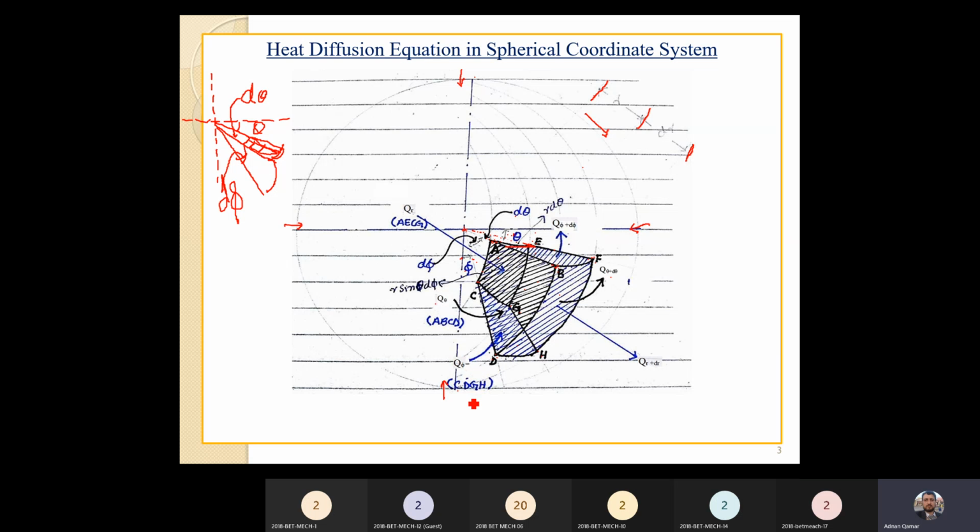Heat entering at area CDGH, and after passing this thickness d phi, heat is leaving from the upper side, that is Q phi plus d phi. Okay. Hope so. It is clear to you.